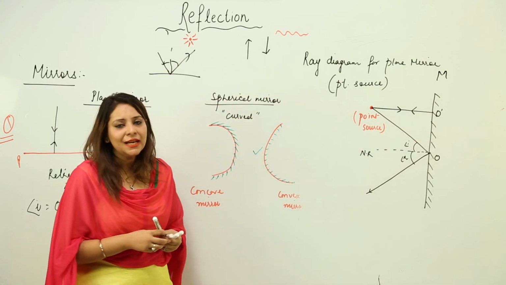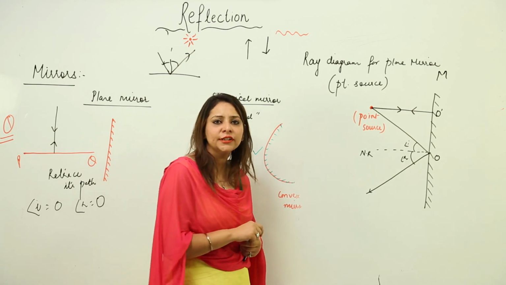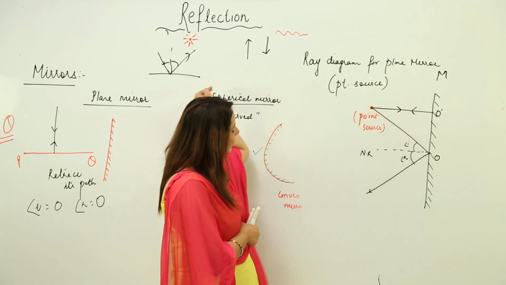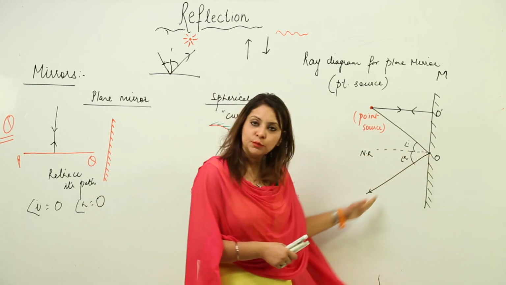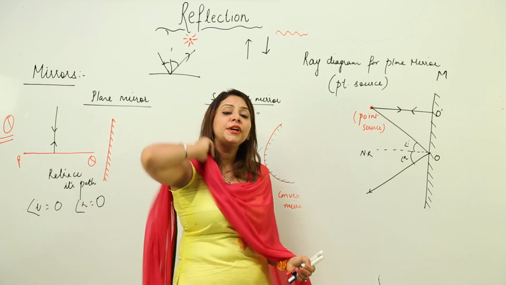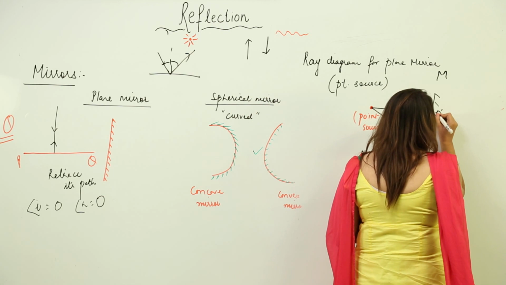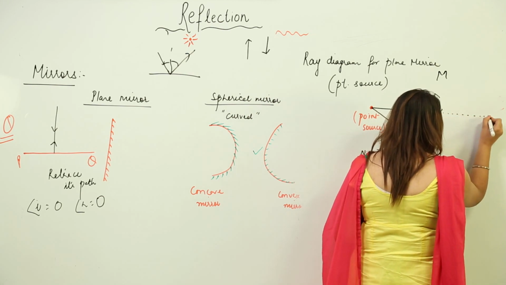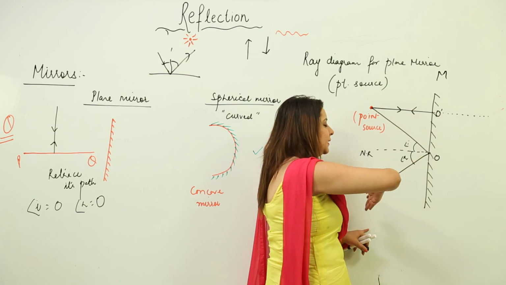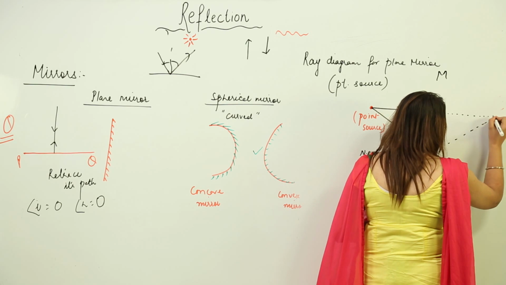Do you see that the reflected rays are meeting at any point? No, we can't see, because one reflected ray is being reflected in this direction and the other reflected ray is moving in this direction. They are not meeting at any point. But if we produce them hypothetically behind the mirror, like if I produce this reflected ray behind the mirror like this, and extend this reflected ray as well, so it will get extended like this.